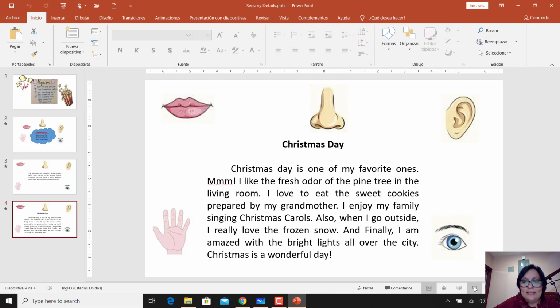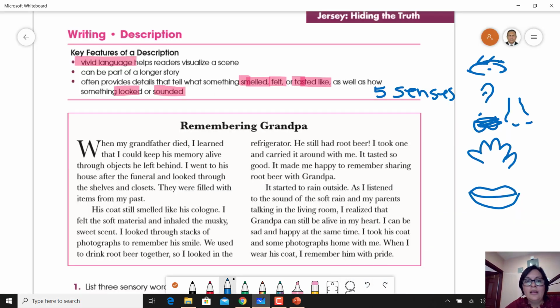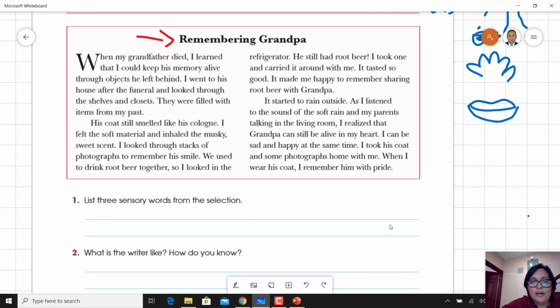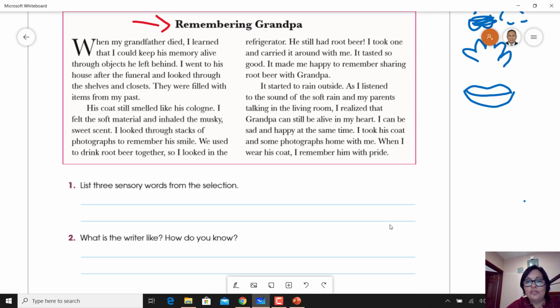So now, guys, what you are going to do right now is to read Remembering Grandpa. After reading it, you are going to answer number 1 and number 2.